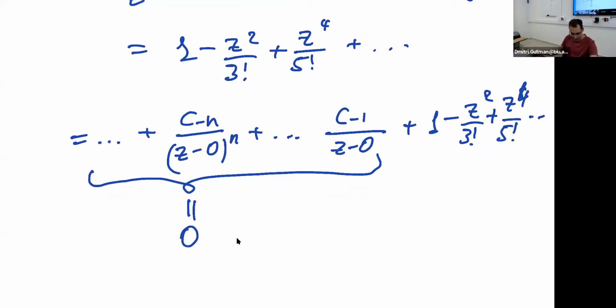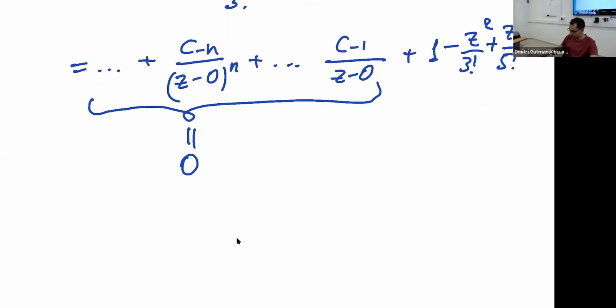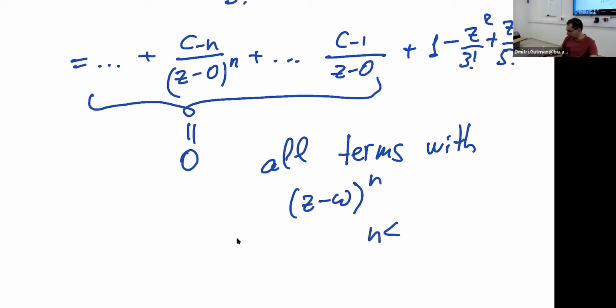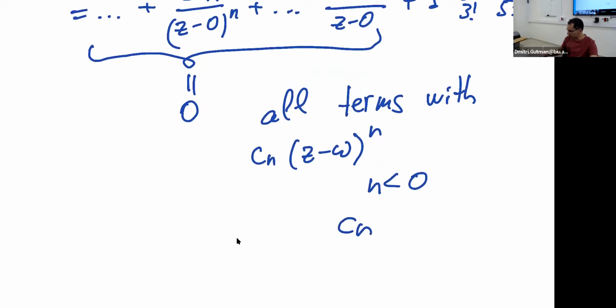So there are no terms that come with negative powers of z minus w. These terms identically vanish. So the conclusion is that all c_n with n less than 0 are identically equal to 0.